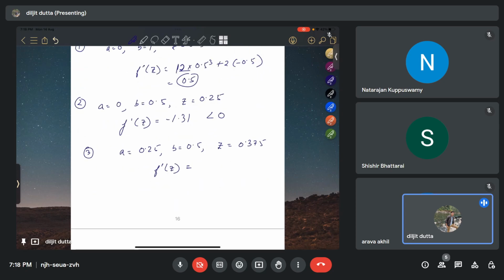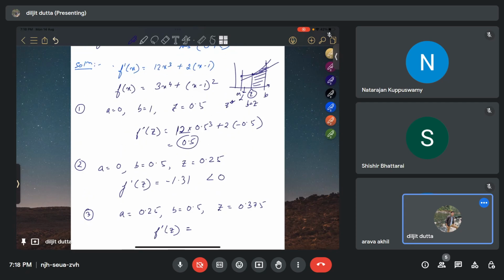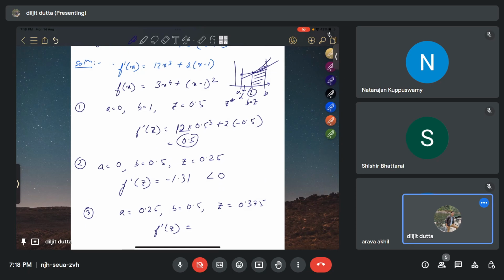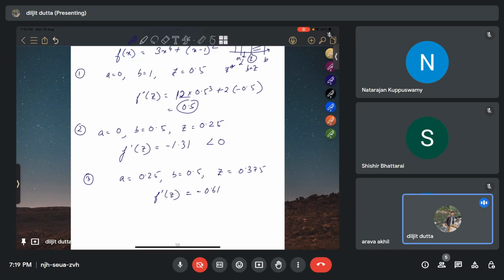So we get f dash of z, how much will the value be? 12 into 0.375 whole cube minus 2 into 0.375. Again it is minus 0.61. So again we'll eliminate the region that is to the left of z.